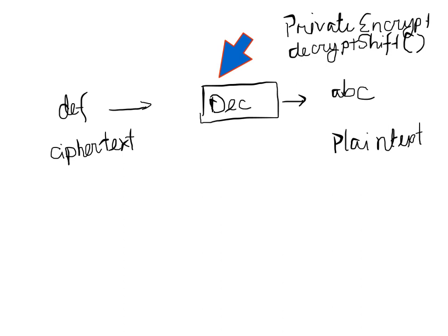So what does it do? DEF was a shift by 3 places to the right, and this box will do the opposite, a shift by 3 places to the left. So this is decryption, and this box will perform according to the decryptShift method that is inside PrivateEncryption.java.